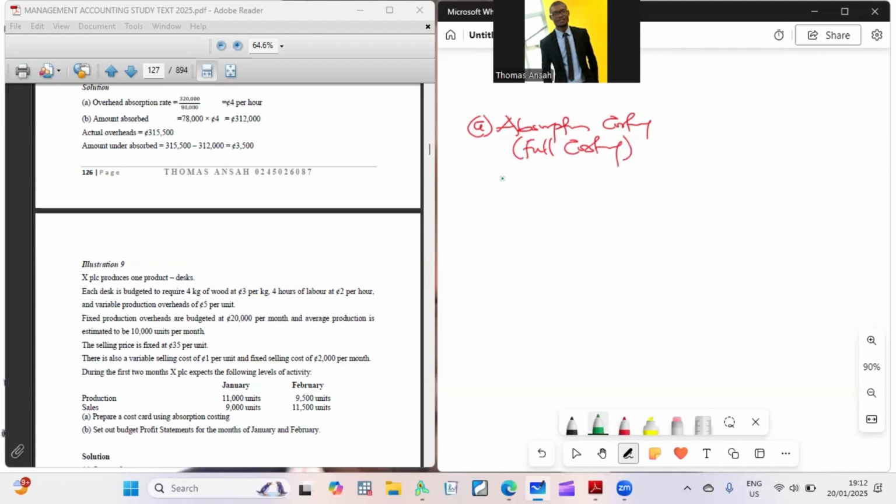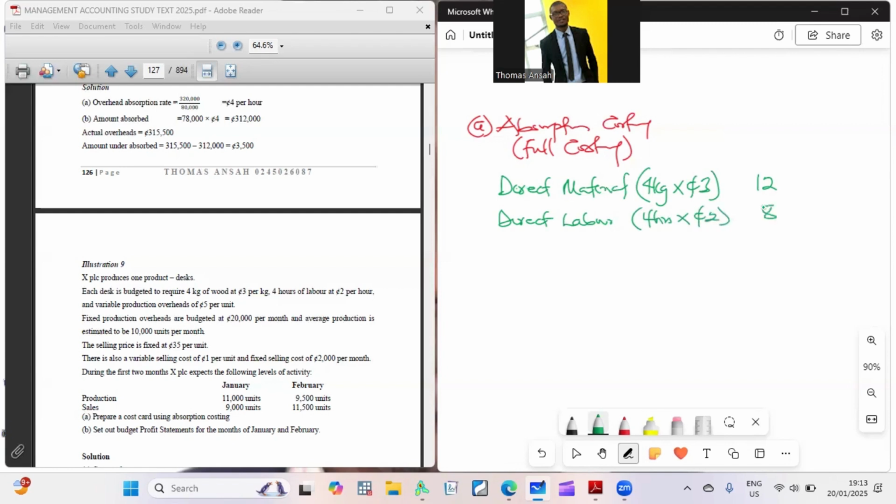So with this one, we know direct labor, direct material. Per the question, if you are producing 1 unit of a desk, you will need 4 kg of wood multiplied by the price per kg, which is 3. So you have 12. Then direct labor, you will need 4 hours and the price of each hour is 2.